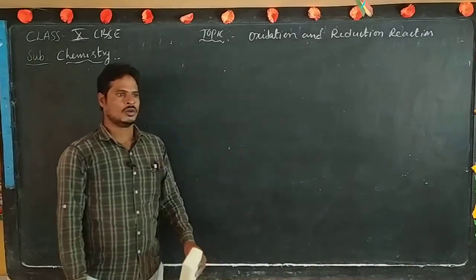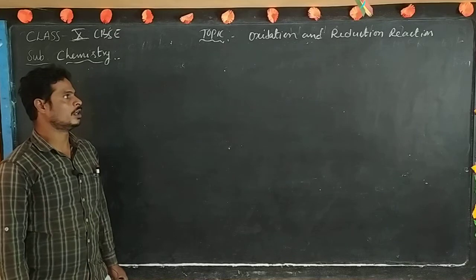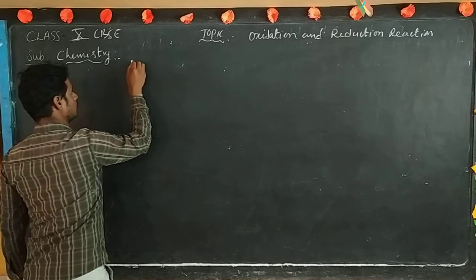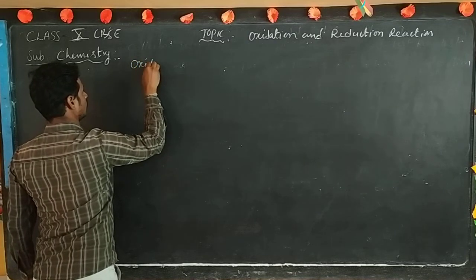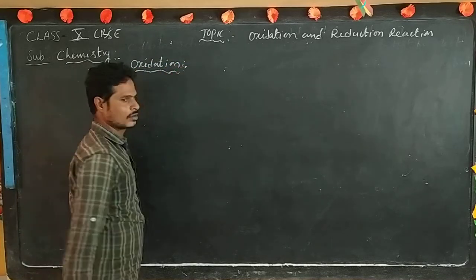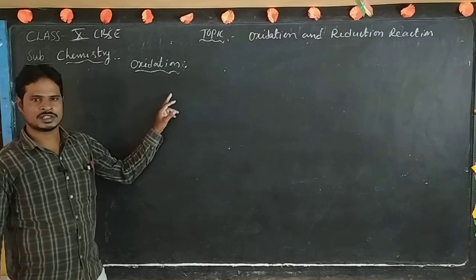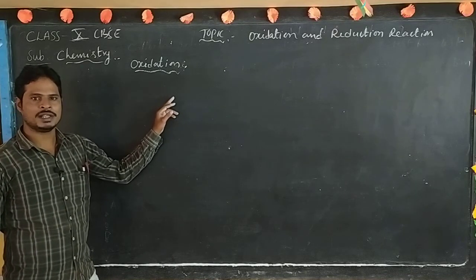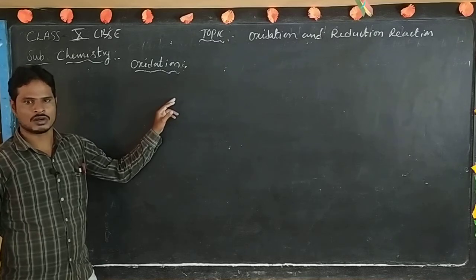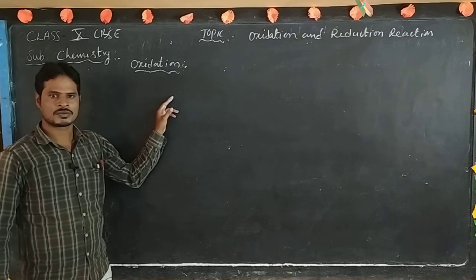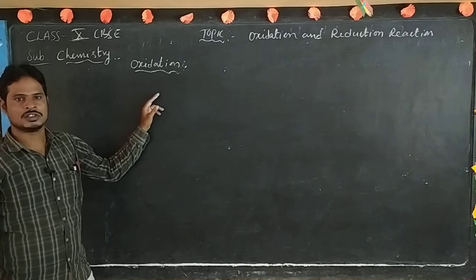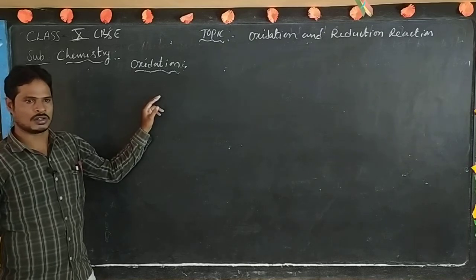First we have to learn what is the meaning of oxidation and what is the meaning of reduction. So first we discuss oxidation. The oxidation process can be explained based on the hydrogen concept, oxygen concept, and electron concept.